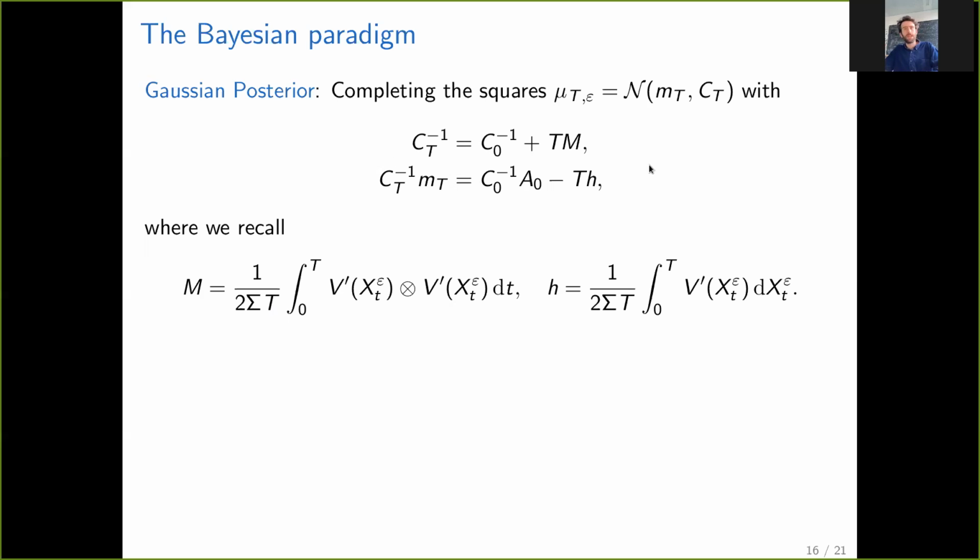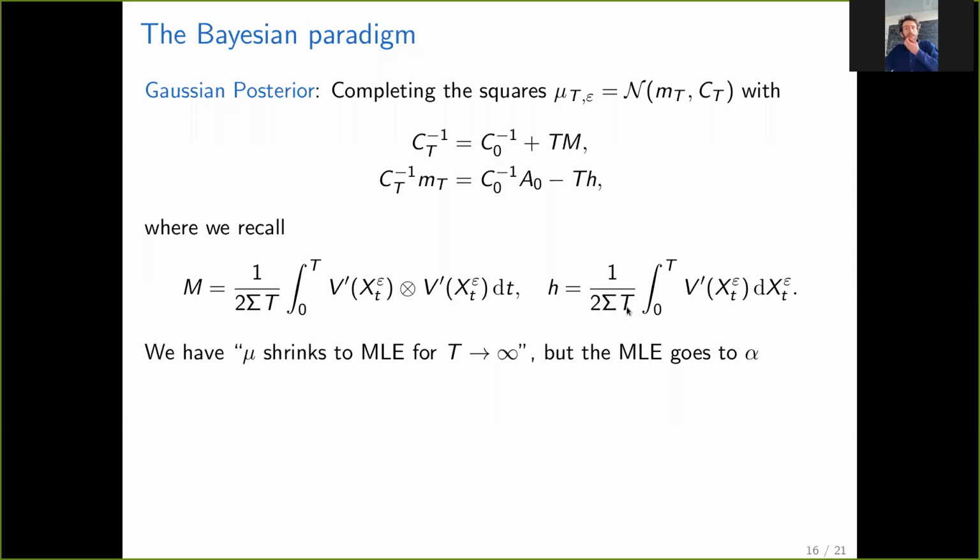And then the mean is found by multiplying this expression by the covariance matrix. We recall M is given by this expression, and H is given by this expression.